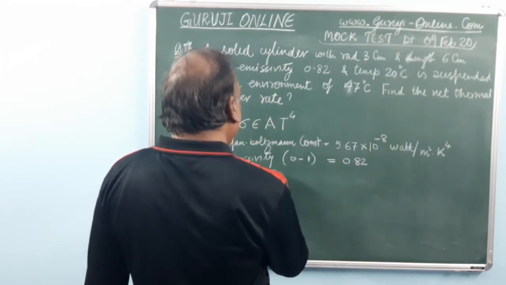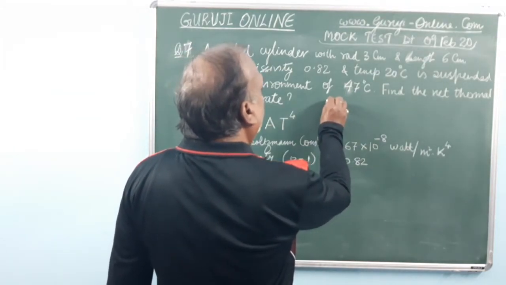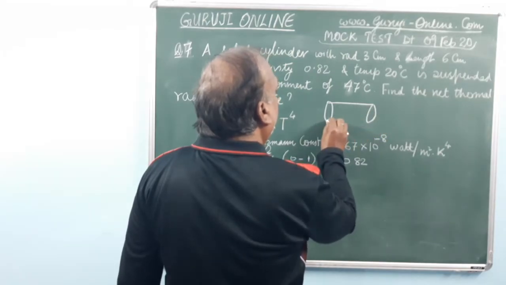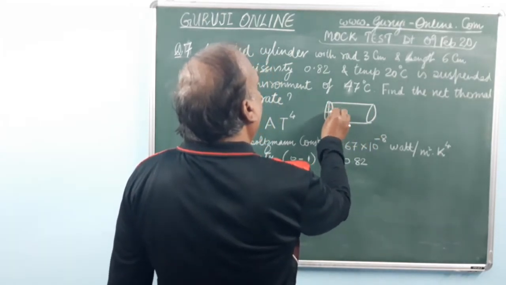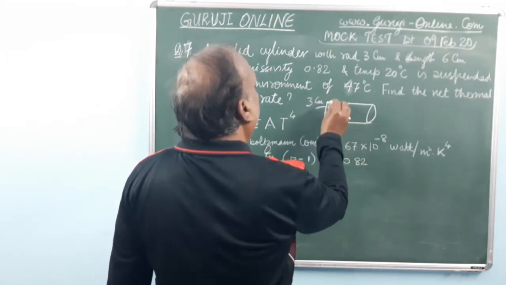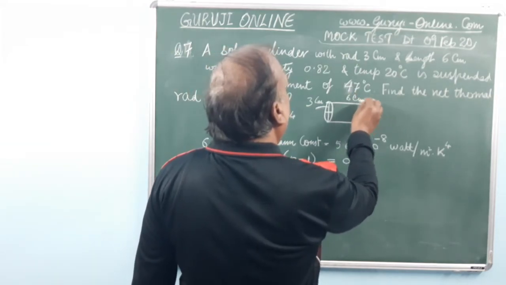Area is nothing but, we are given a solid cylinder whose radius is 3 centimeter and length is 6 centimeter.